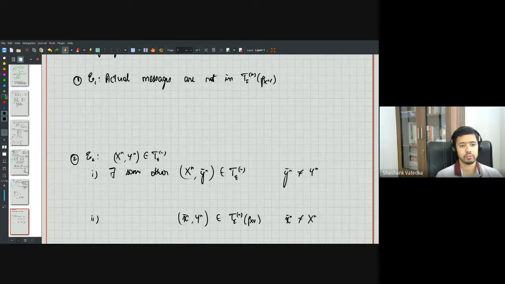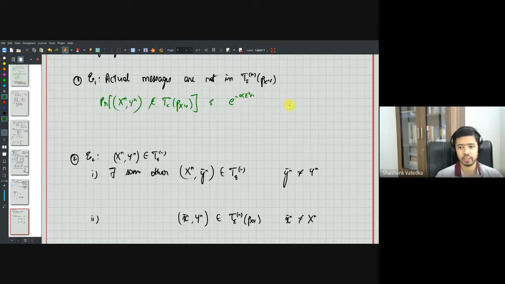Okay, and we'll analyze each of these error events separately. All right. So the first error event, this is easy to analyze. We've seen that the probability of E1, that xn, yn, which are drawn IID, are not in the jointly typical set Pxy, this anyway tends to 0, right? So we know that this is bounded from above by some e to the minus alpha times epsilon square n for some constant alpha.